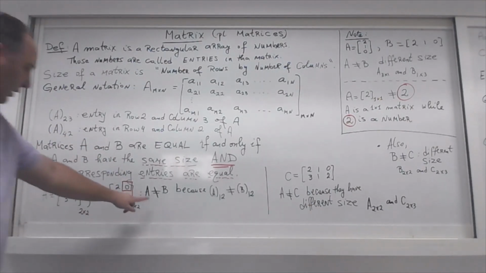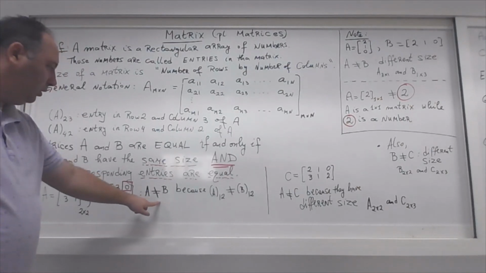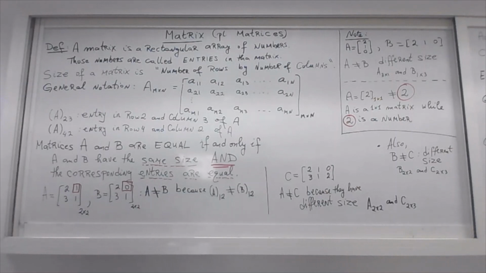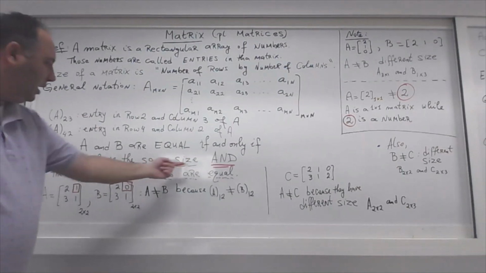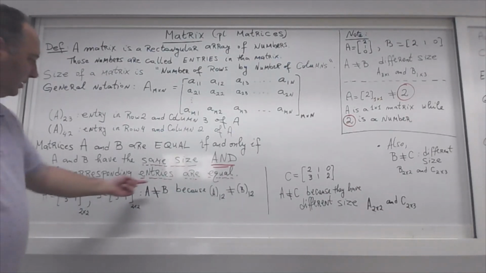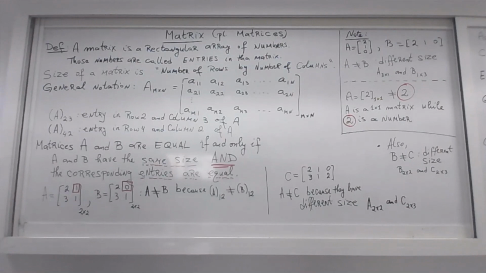So the matrices A and B are not equal because entry 1,2 of A is different from entry 1,2 of B, even though they have the same size. So equality of matrices requires two conditions. The first is on the size of the matrices, so they must have the same size. The second is that the entries at corresponding positions need to be equal.